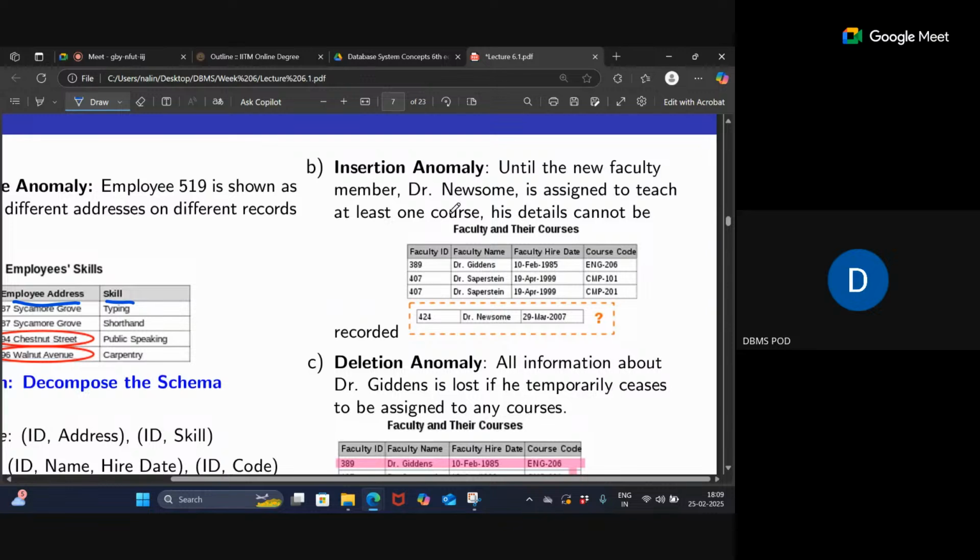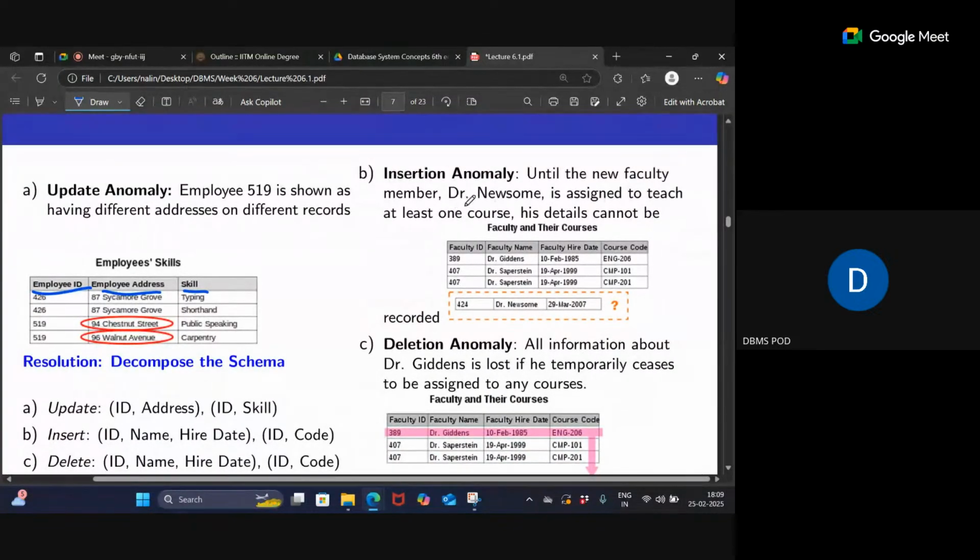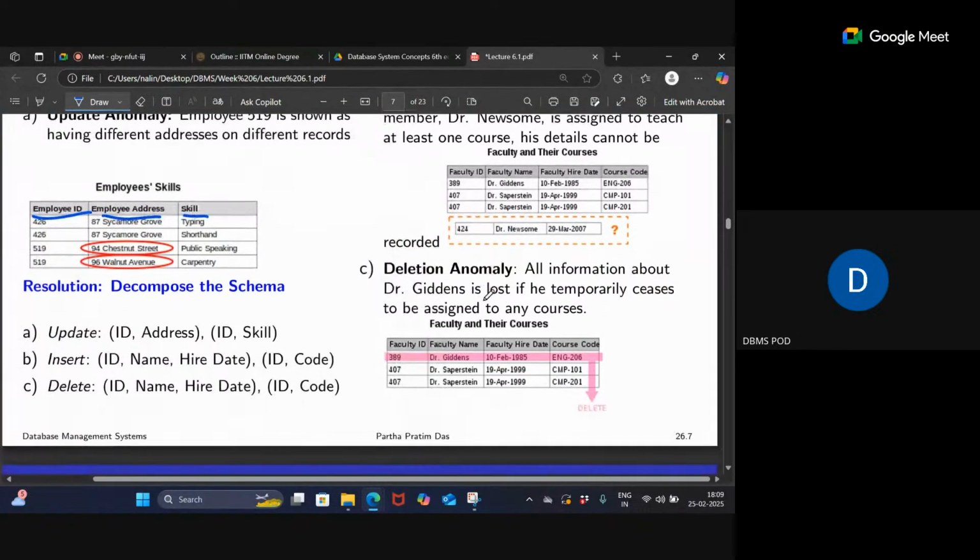Until a new faculty member, here Dr. Newsome, is assigned to teach at least one course, his details cannot be recorded. This is insertion anomaly.